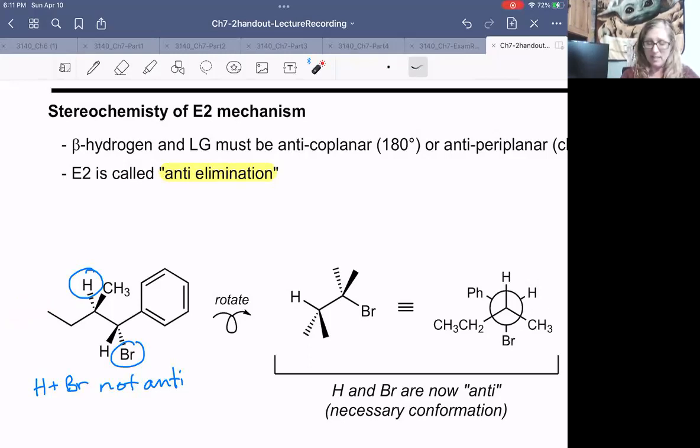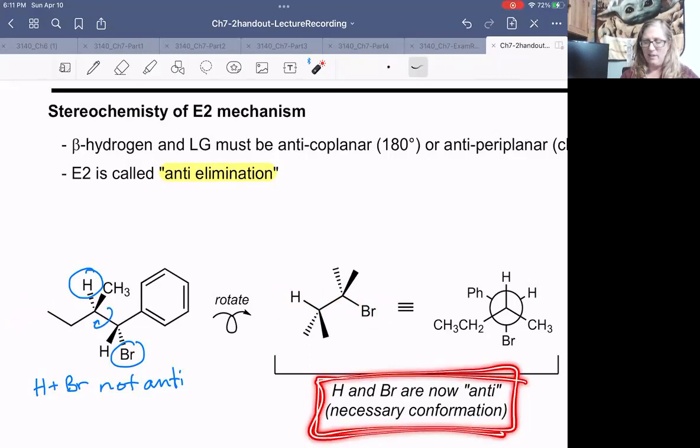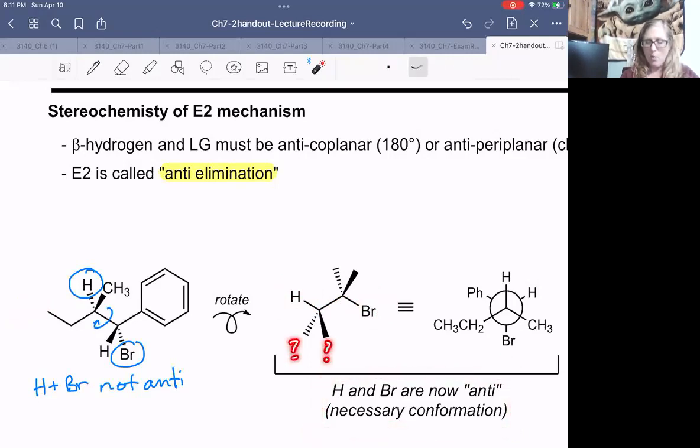But that's okay, because this is a single bond, so we could just rotate around that bond to get them anti to each other. So if I draw the backbone here like this and put the bromine here and the hydrogen here, now they are anti. They now have the necessary conformation. Okay, so the question is, what happened to the other four groups that were attached to these two carbons?